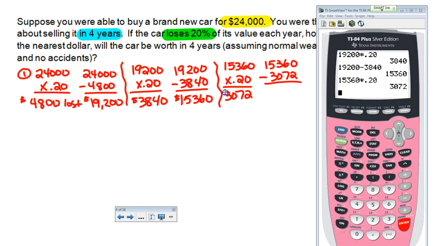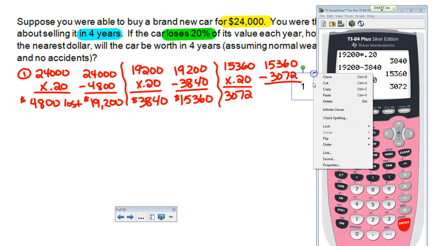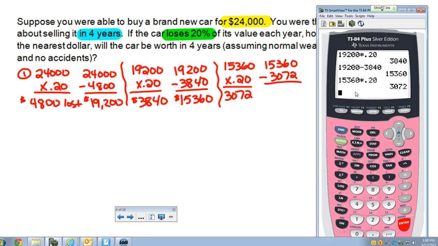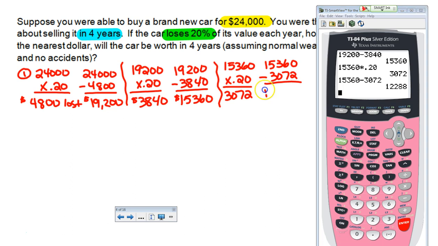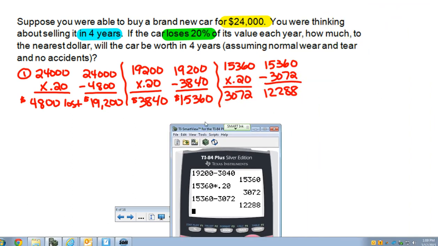All right, and our car is worth $12,288. All right, so doing this one last time for year 4, as you can see, this is actually a really tedious way to do this problem.